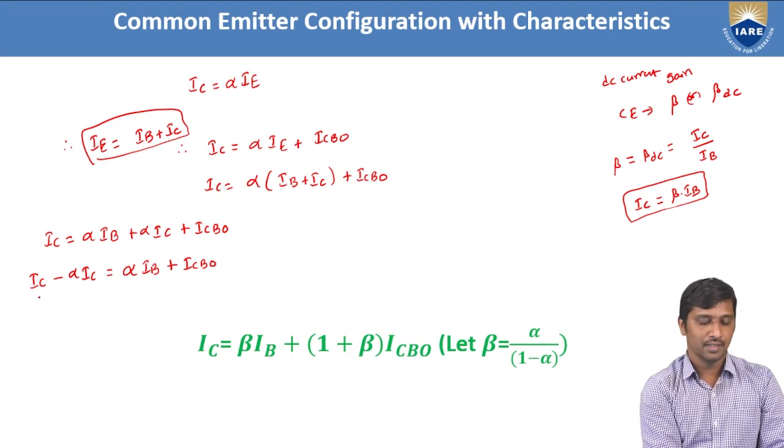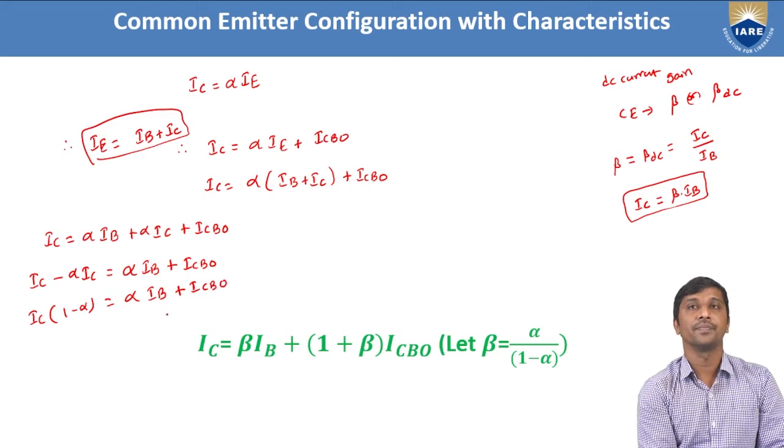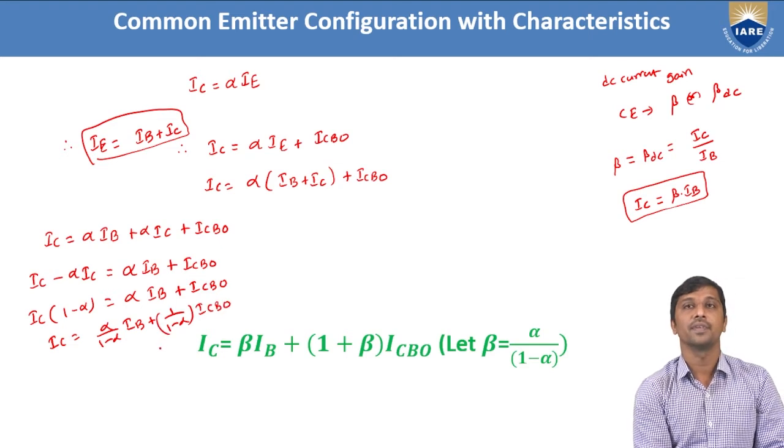In this relation, if you take IC as a common term, then IC times (1 minus alpha) is equal to alpha times IB plus ICBO. Now I'm going to relate this as IC equals alpha by (1 minus alpha) into IB, plus 1 by (1 minus alpha) into ICBO.